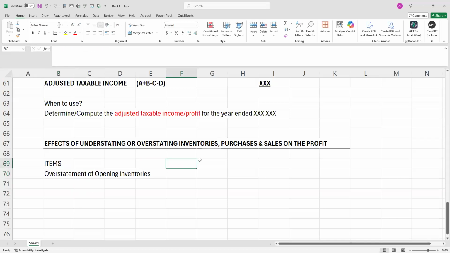We want to look at the effect on the profit, and how to correct.